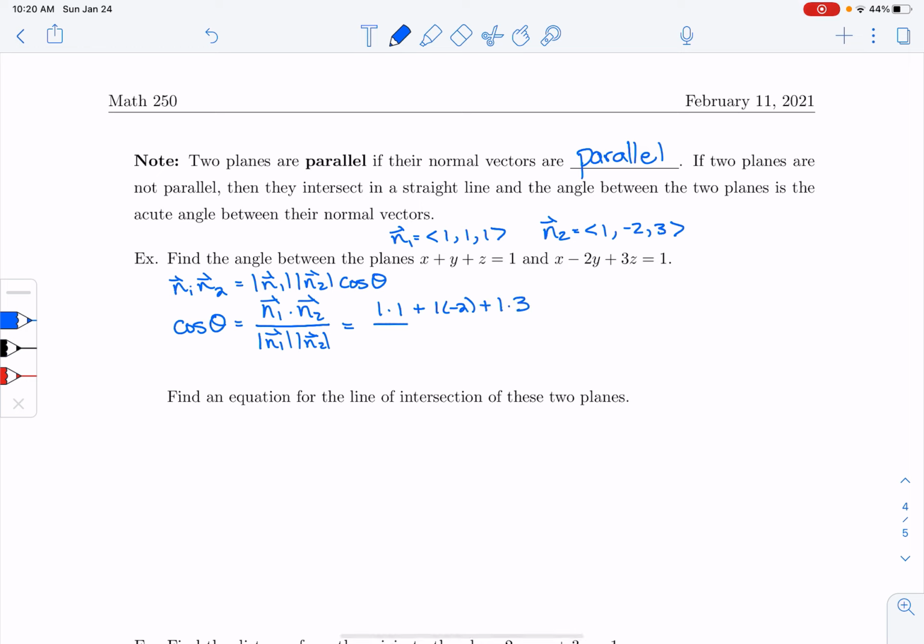Then we divide that by the magnitude of the first vector, which is the square root of 1 squared plus 1 squared plus 1 squared, and the magnitude of the second vector, which is the square root of 1 squared plus negative 2 squared plus 3 squared.